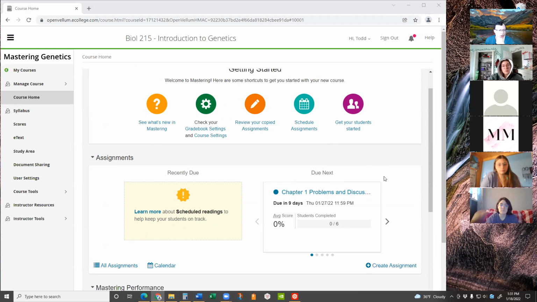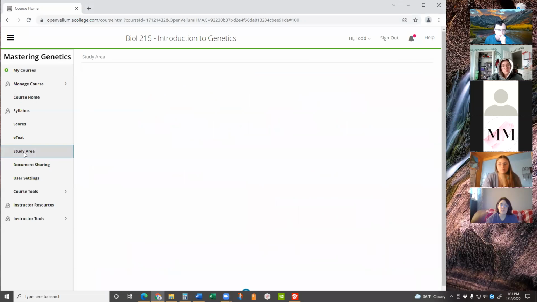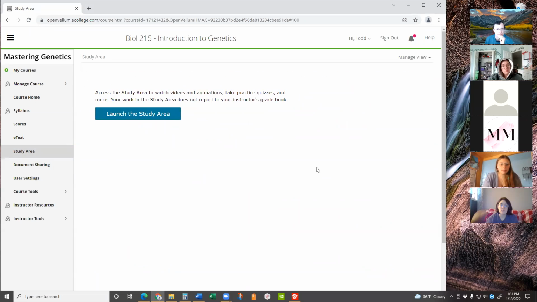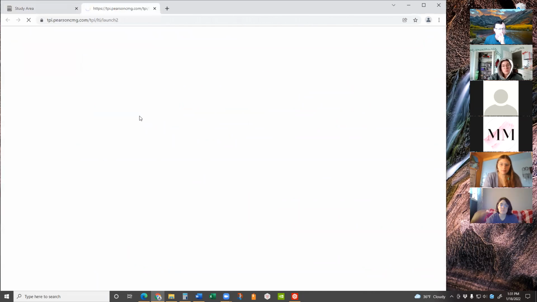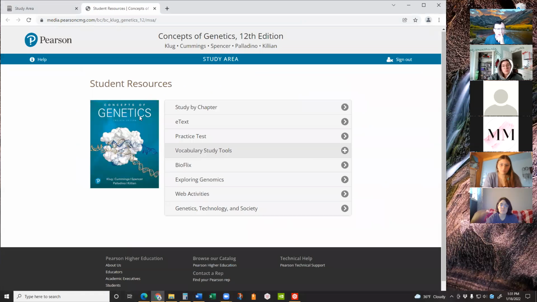But if you're logged into Mastering Genetics, you should find the study area along the left side column of tabs. I'm going to open that up. Launch the study area. Here are the student resources for studying in the course.